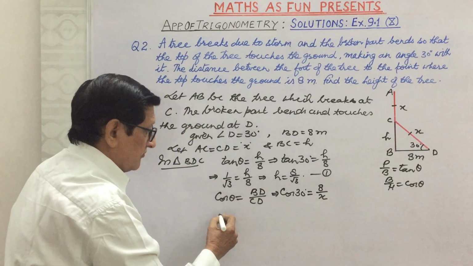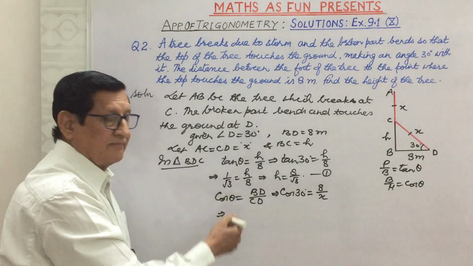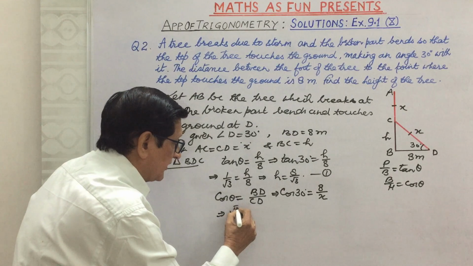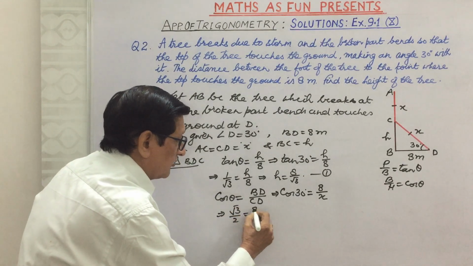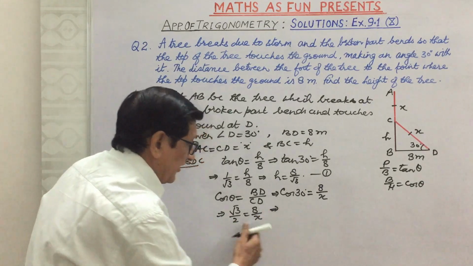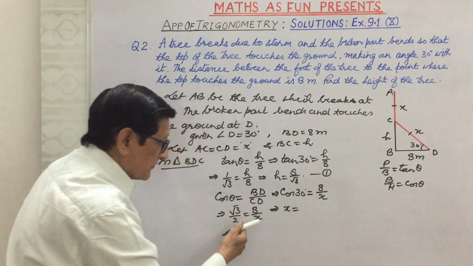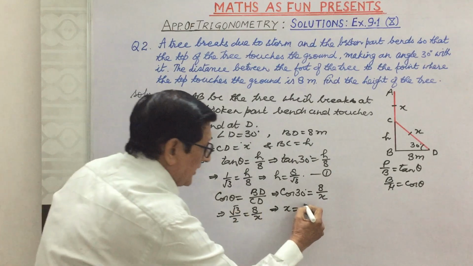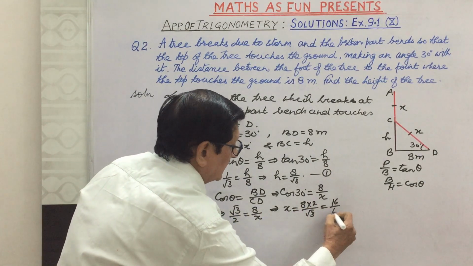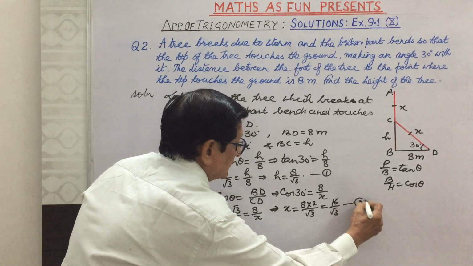The value of cos 30 from the table, you can see here, is root 3 by 2. That is equal to 8 upon x. Then we can find the value of x by cross multiplying, that is x equal to 8 into 2 upon root 3. This is 16 upon root 3. This is our second equation.